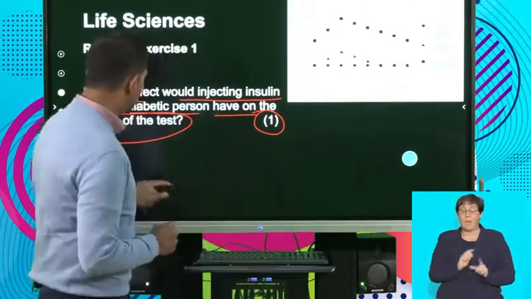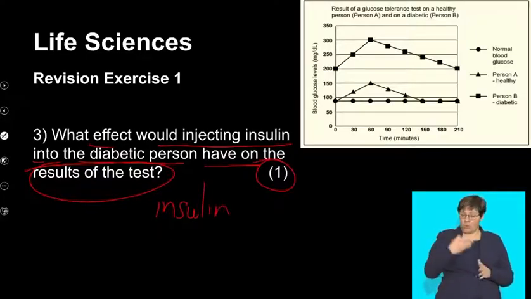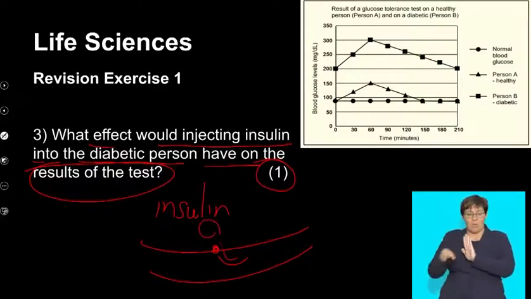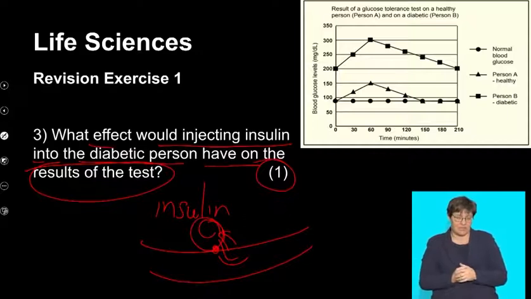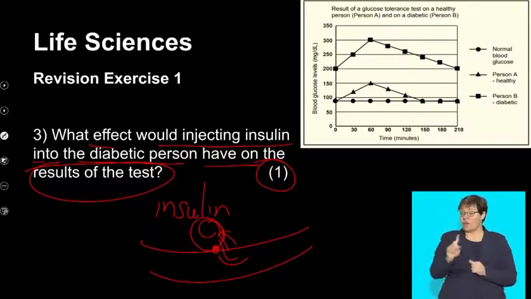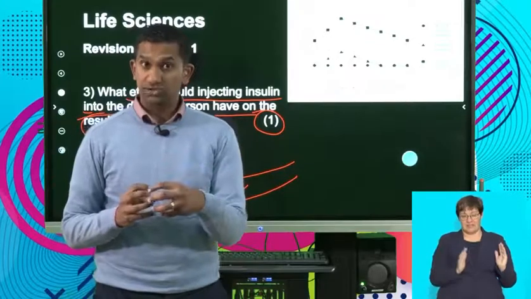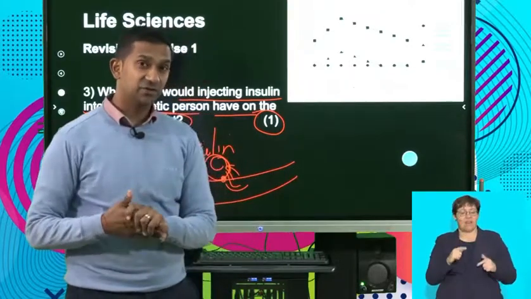However, we do know that insulin as a hormone will assist the individual by opening up the cells so that the glucose can then move through from the blood vessels into the cells. So what effect would injecting insulin into the diabetic person have on the results of this test? It will reduce the amount of blood glucose in the blood vessels, therefore decreasing the levels of glucose in the bloodstream.